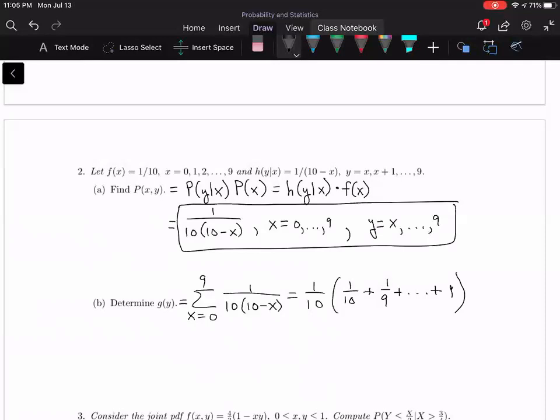And so this is our marginal distribution of y. We could try to evaluate this and see what we get.